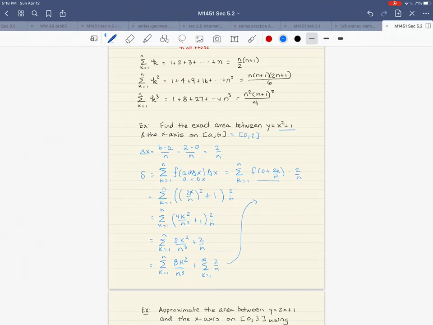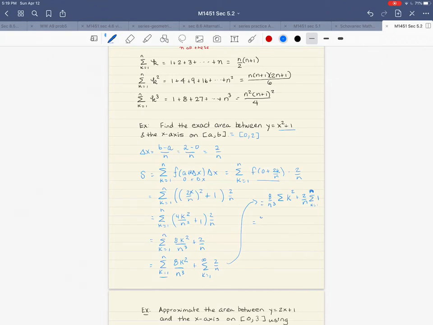Now let's come up here. I'm going to take out the things that don't have anything to do with the k. So in the first batch, I have an 8 over n cubed times the sum of the k squareds. And then I take out the 2 over n, and that leaves behind a 1. Those are all k equals 1 to n.